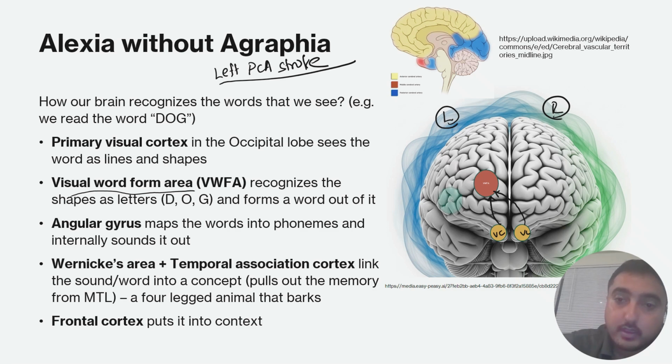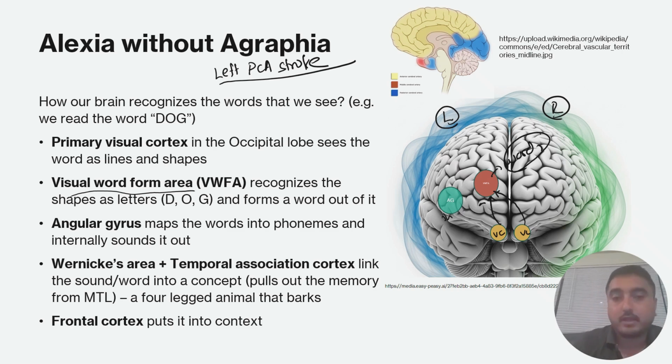The VWFA then communicates with the angular gyrus. VWFA basically forms the words out of the letters that we see, and then it communicates with the angular gyrus, which would convert the words into phonemes. Phonemes means it will convert them into sounds, right?